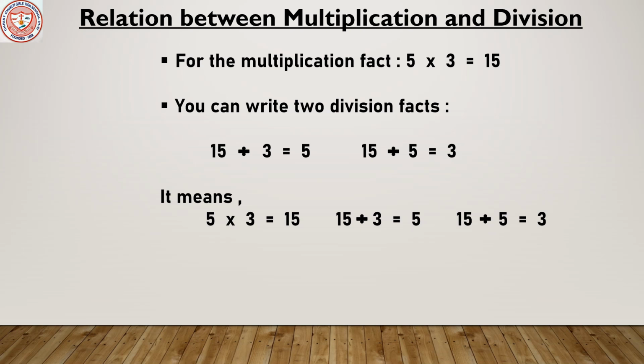So, for the multiplication fact 5 into 3 is equal to 15, you can write two division facts like this: 15 divided by 5 is equal to 3 and 15 divided by 3 is equal to 5.